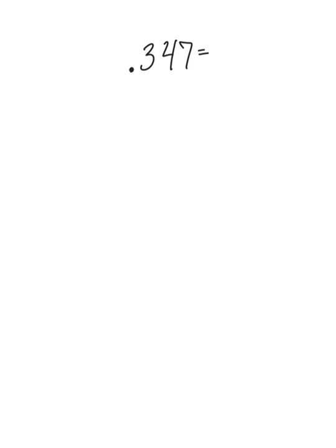Okay, just for a minute, I'm going to bring us to a new page so I can explain this and have lots of space. This number is read 347 thousandths. In fraction form, we would write that 347 out of 1,000 equal pieces.